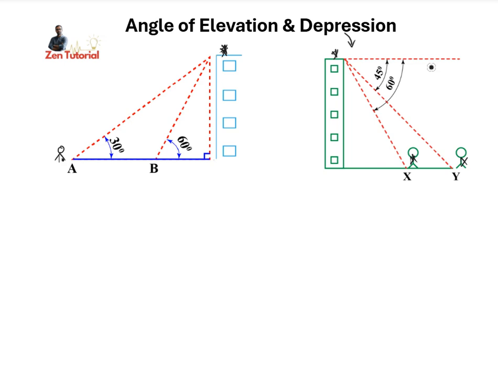In the following figure, if the top of the building is our observation point, when the angle of depression for person x, indeed, will be 60-degree, and if it is for person at y, indeed the depression angle will be 45-degree.